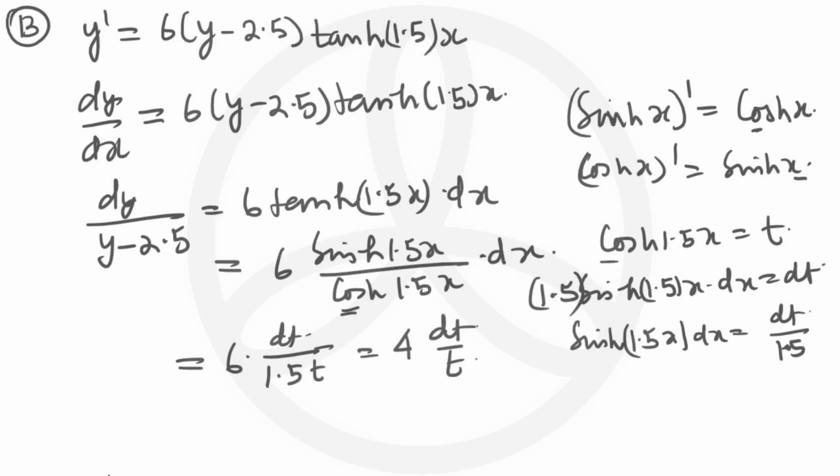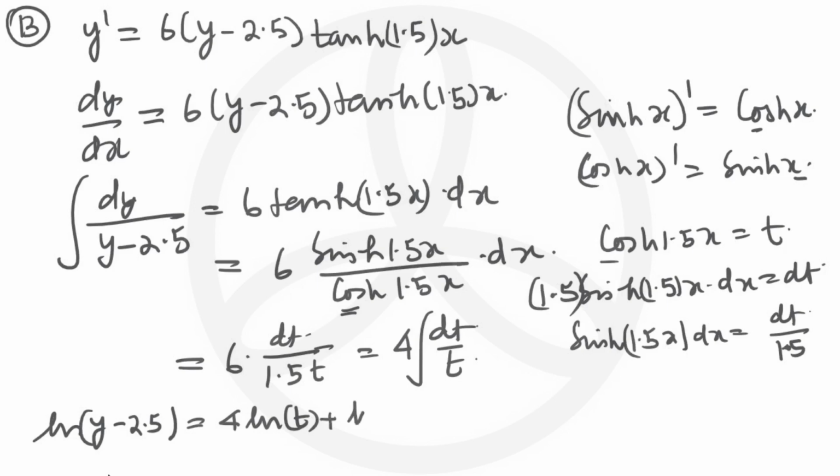Now we have to apply the sign of integration on both the sides in order to integrate. One will be here and one will be here, and this will give us ln (y minus 2.5) is equal to 4 ln t plus a constant of integration ln c.